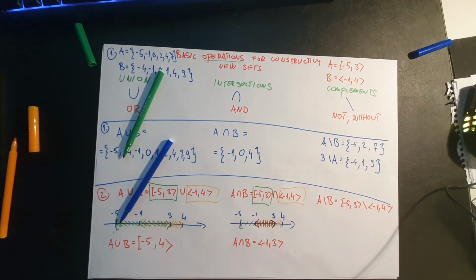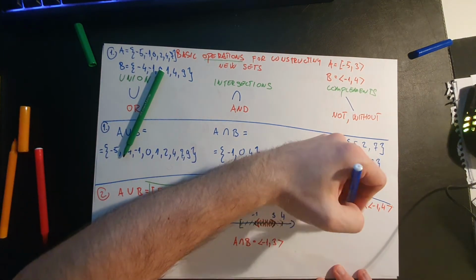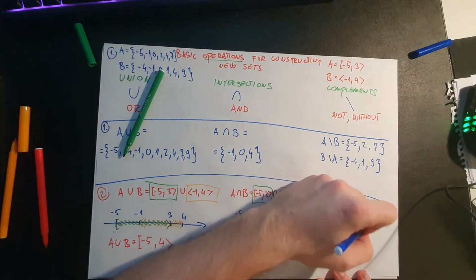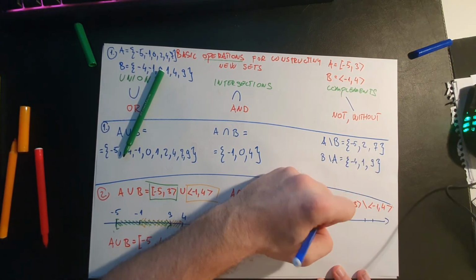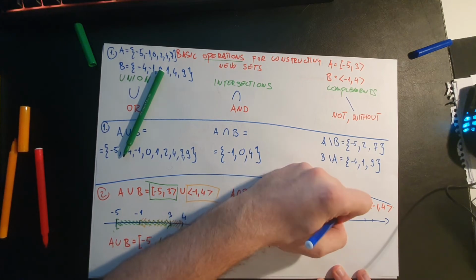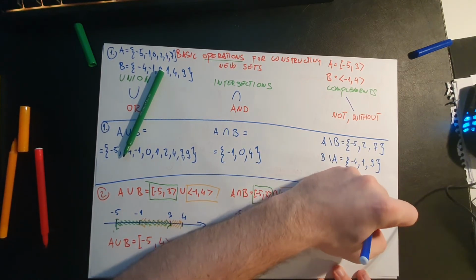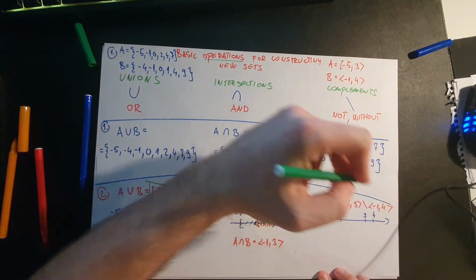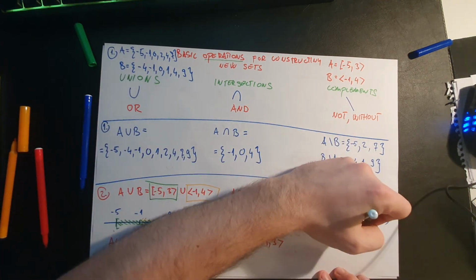Now, let's make a number line. Point out the specific numbers that we need in this case. I'm keeping the colors all the same.